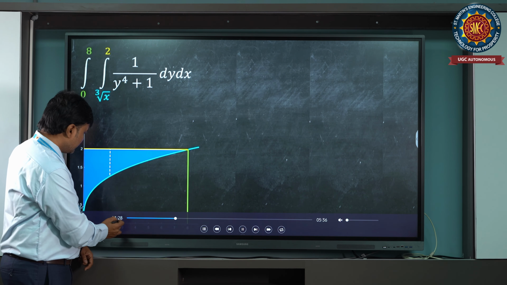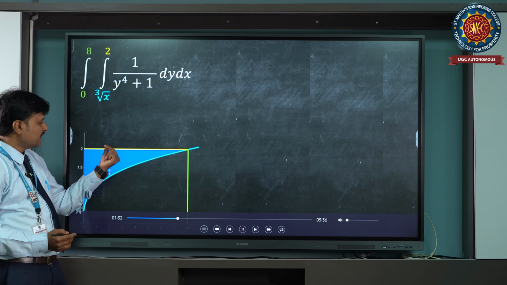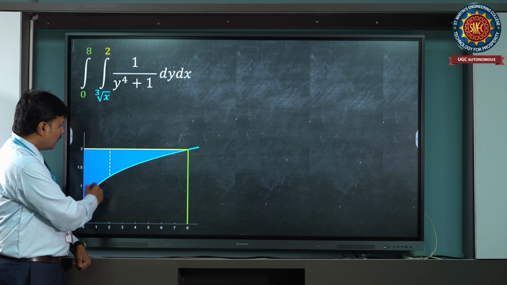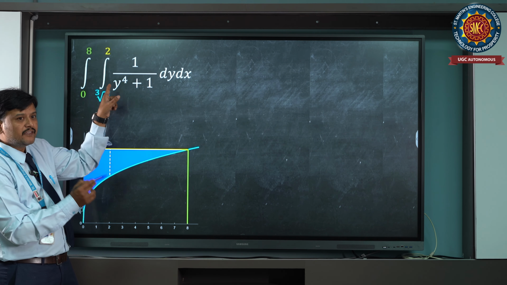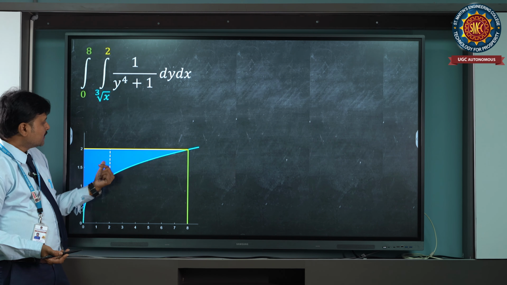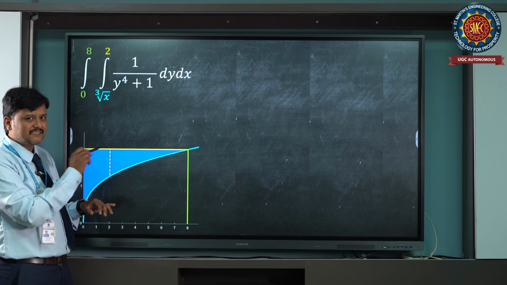According to the given problem, there is one vertical strip sliding on the y is equal to 3 root x curve and extending from P to Q. On changing the order, this vertical strip becomes a horizontal strip.